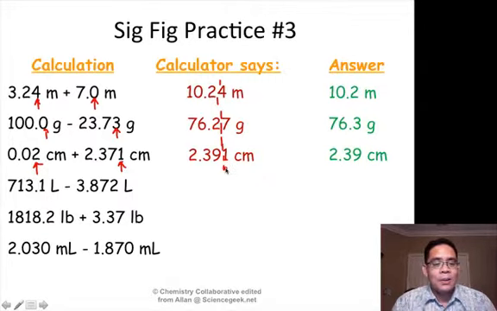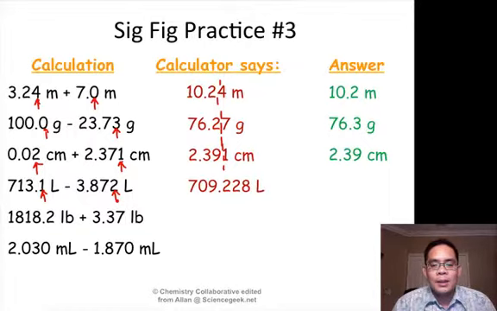In the next number, we have hundredths place, and then of course we have thousandths place. And so when looking at these, you want to make sure that you round to the nearest tenths place, 709.228. After you subtract those two numbers in liters, you get, of course, 709.2 after cutting off after the tenths place.